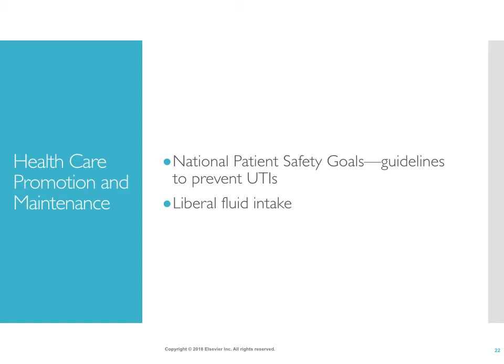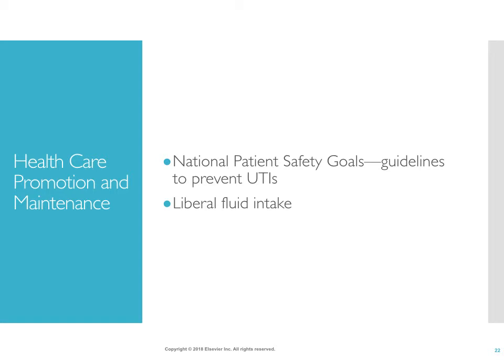And so we follow these guidelines, including assessing on a daily basis whether this person needs to have a catheter in or not. And it's something that should be discussed with the provider on a daily basis. Does this patient still need a catheter?